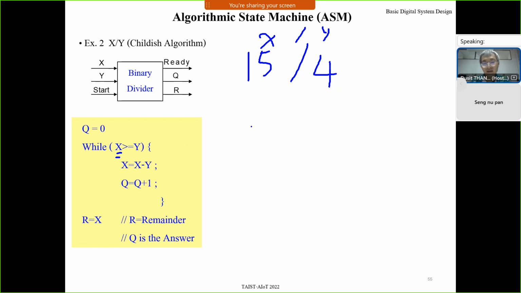So I compare whether x is greater than y or not. If yes, do this one, right? Because 15 is greater than or equal to 4, true, then I do this one, x minus y, 15 minus 4. Then it becomes what?